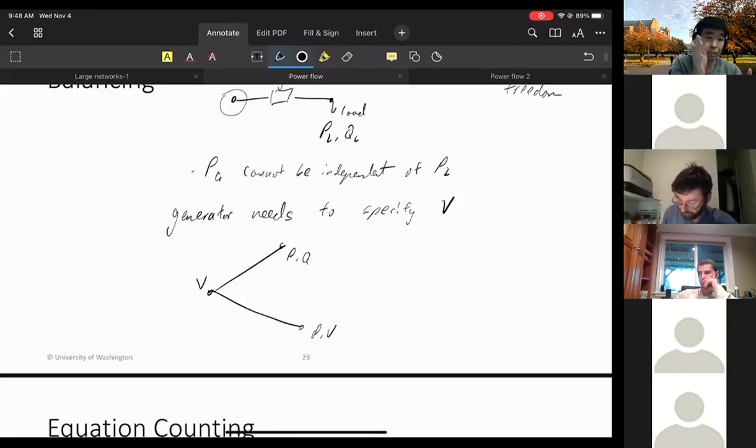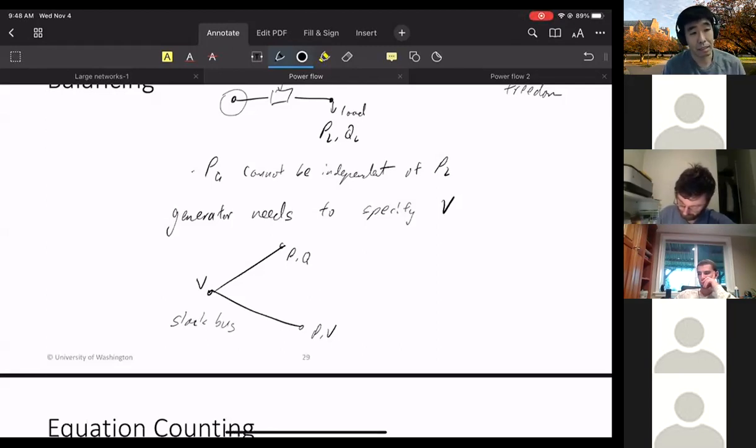As you look through all the buses, you can assign 2n minus 1 numbers, and you are always left with one bus where we don't specify P or Q, we only pick the voltage magnitude, and this is called a slack bus.